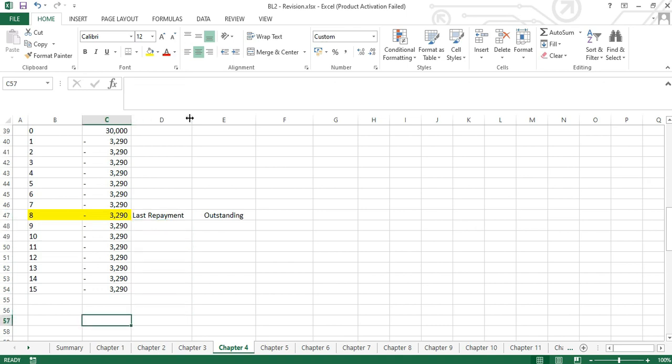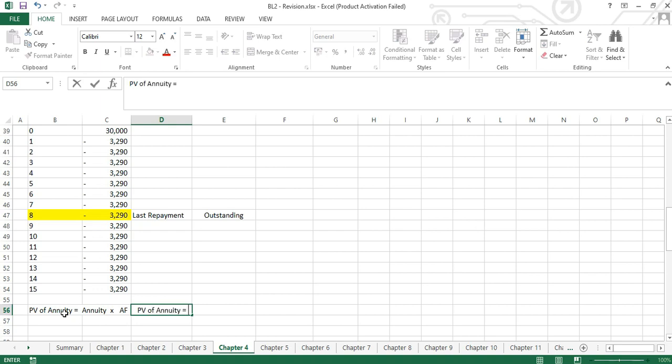So this is basically annuities, right? The present value of an annuity is equal to the annuity multiplied by the annuity factor. As I mentioned earlier, the present value of the annuity is always equal to the initial loan amount.